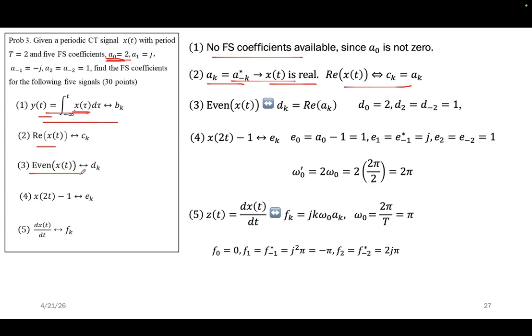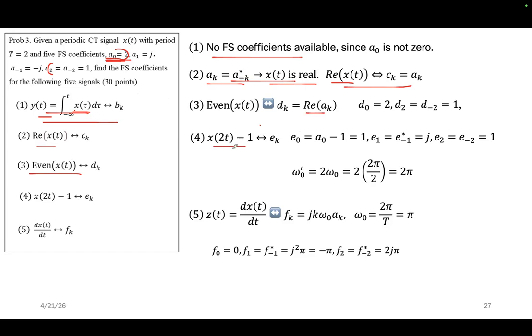And the even part, we know, is just the real part of A_k. So this is the real part, this is the real part. That makes sense to you? Okay, just pay attention. A real signal and a real A_k are two different things. Am I right?